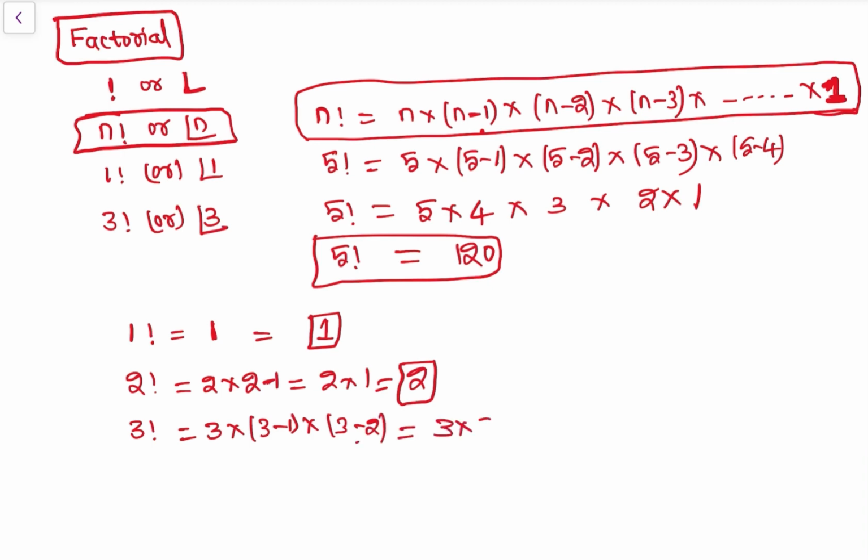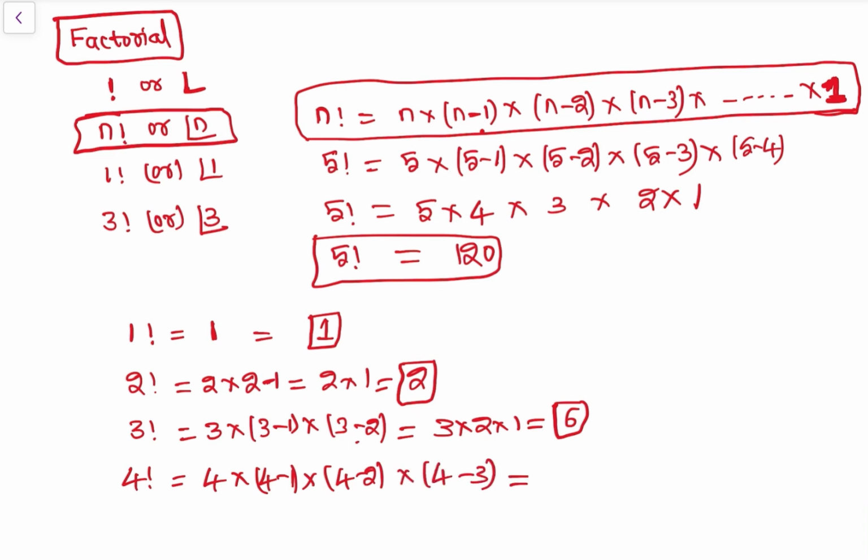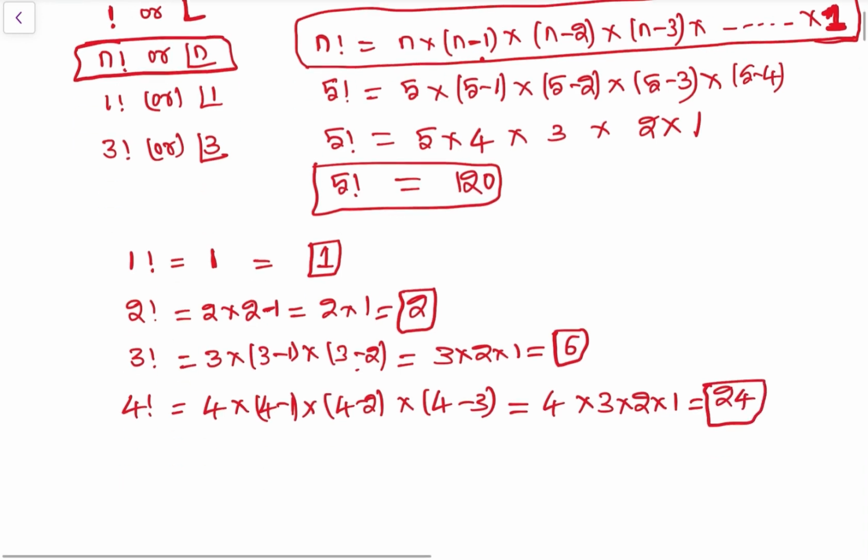So 3 into 2 into 1, that is 6. ठीक है, then 4 factorial is 4 into 4 minus 1 into 4 minus 2 into 4 minus 3. So 4 minus 3 is 1, so 1 has to be the last thing. So that is 4 into 3 into 2 into 1, that is 24. So 24 is the answer for 4 factorial.